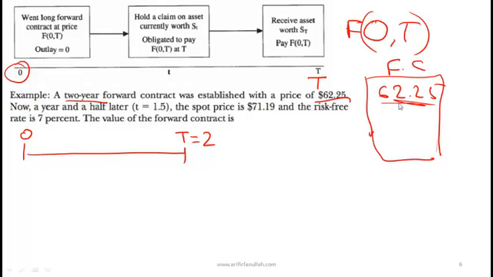The 62.25 was arrived at based on the concept that nobody is taking advantage of anybody else. So the value of this contract at time 0 was 0.